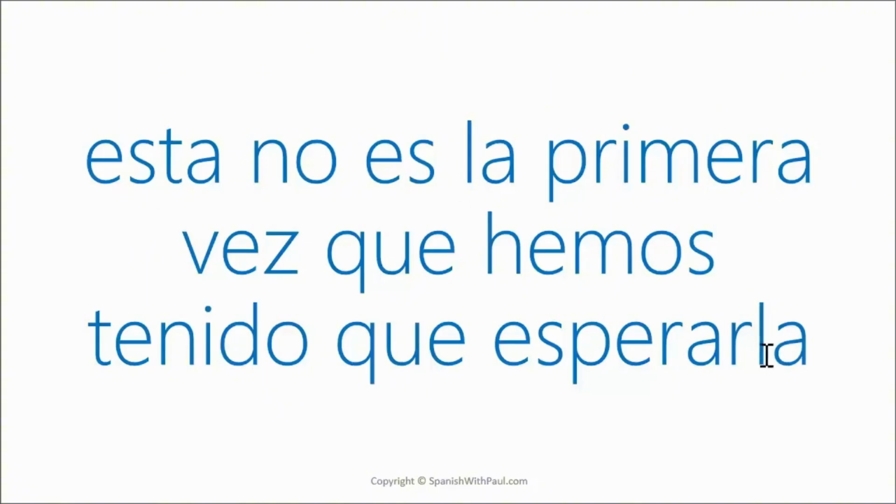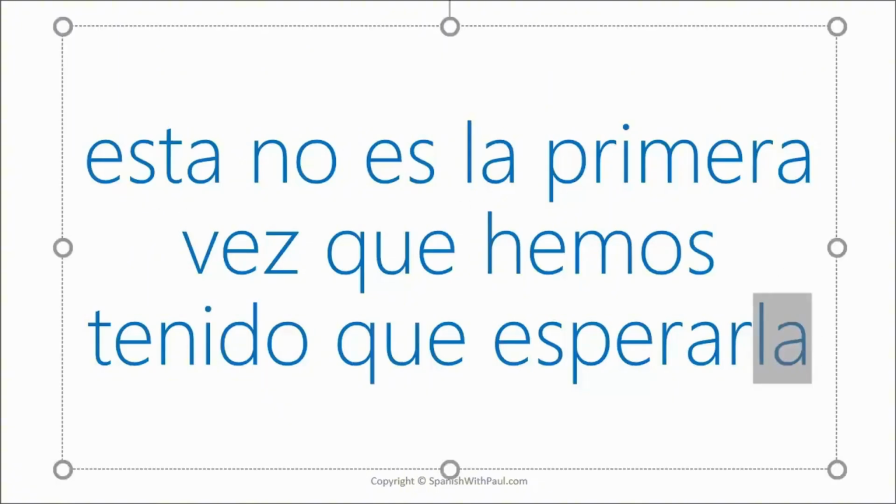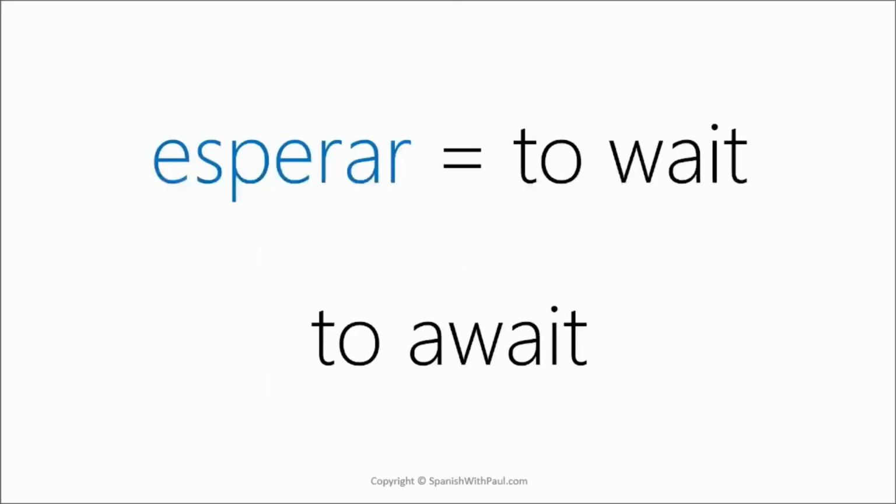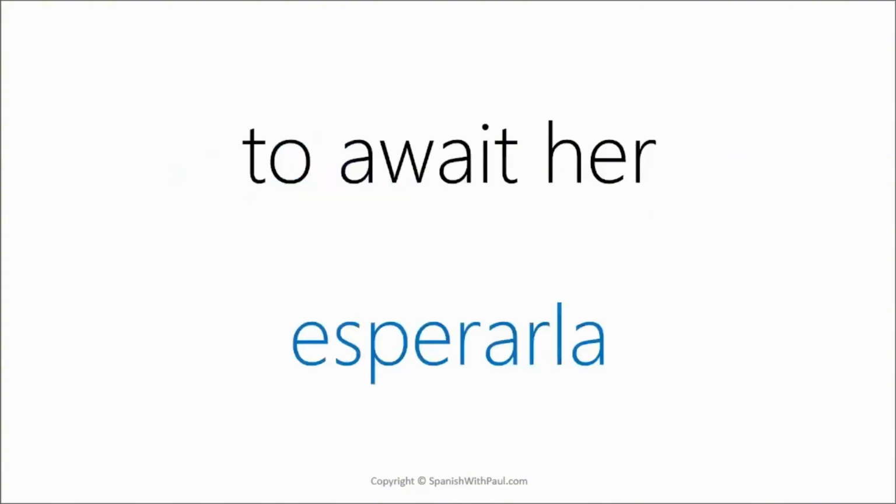Notice here that I simply hooked on the pronoun to the end of the verb esperar. So in English, we obviously have wait for her. But the reason that we don't need por or para with Spanish is because while esperar can mean to wait, in Spanish they actually see it as meaning to await. So what you are literally saying is to await her.